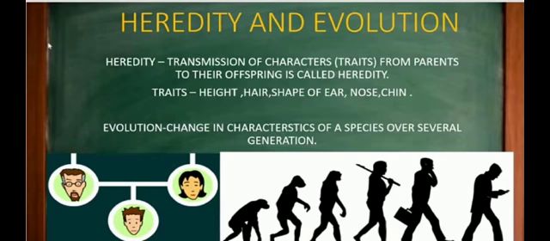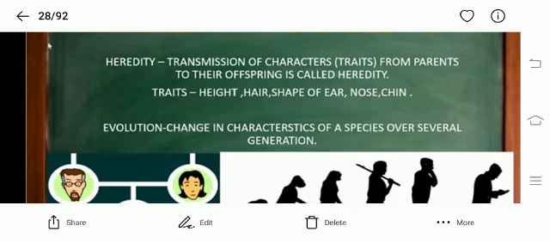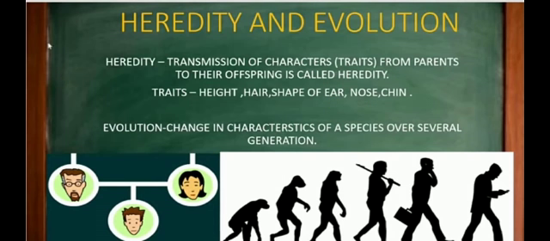Heredity means transmission of characters, that is traits, from parents to their offspring. The characters that are transferred from the parents to the offspring are called heredity. So these characters or traits could be height, hair, shape of ear, nose, chin, etc. And evolution.